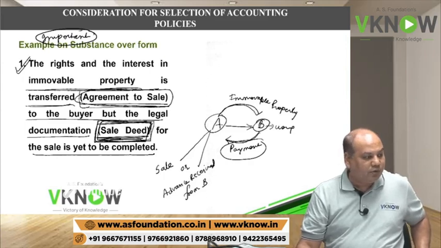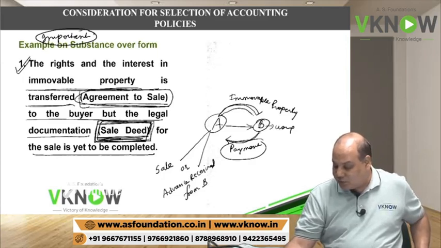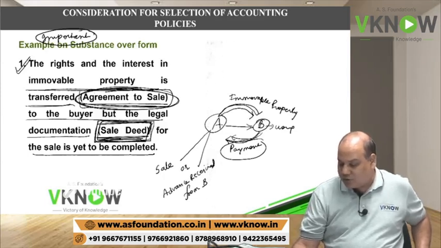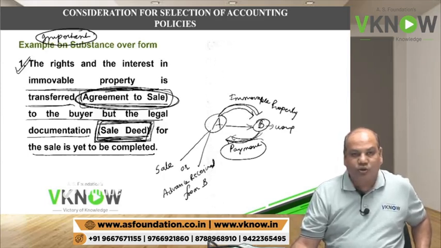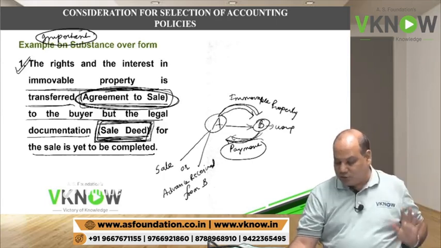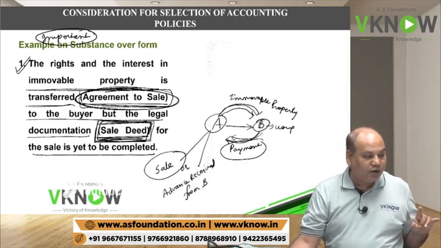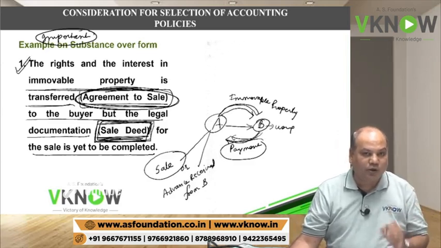However, in the eyes of an accountant, in economic reality, possession has been transferred, payment has been received, agreement to sale has been made. So don't you think economic reality is that the sale has taken place? So A will record the transaction as sale. In addition to sale, he will record the profit also.